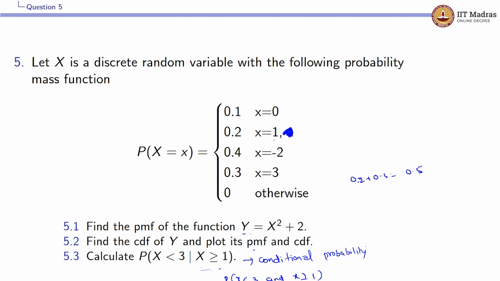For the numerator, we have only one case, x equals 1, with 0.2. For x to be greater than or equal to 1, it could take two values, 1 and 3. So the total probability would be 0.2 plus 0.3, which is 0.5. So this value would be equal to 2 by 5, which is nothing but 0.4.